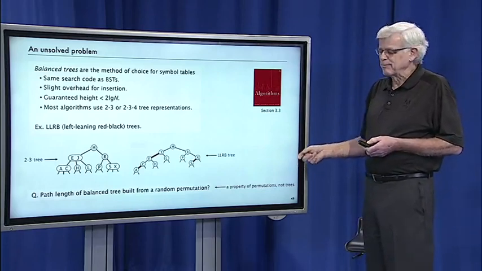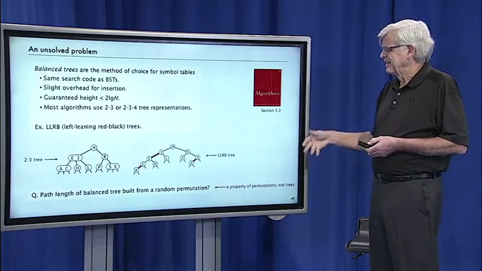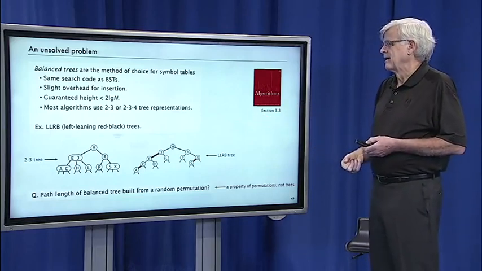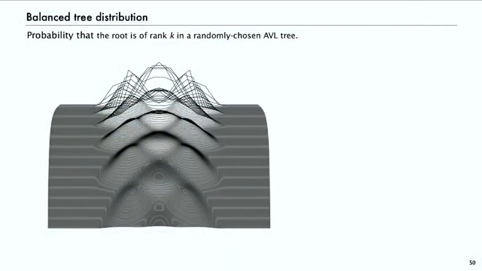Now again, that's not a property of trees, that's a property of the permutation in the algorithm. The tree is just a container for the data. So this plot that we've been using as our logo is related to that problem. There's one kind of balanced tree called an AVL tree, which again is represented as a binary tree. And this is the normalized plot of the probability that the root is of rank k in a random AVL tree.